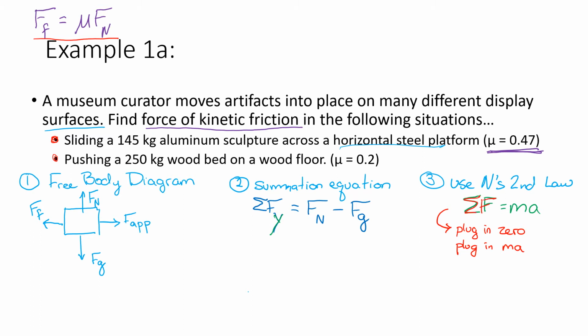In this case, if we're not accelerating, then we plug in 0, because if we have 0 acceleration, then we have 0 net force. What does that tell us for the net force and the force of gravity? They're equal to each other.